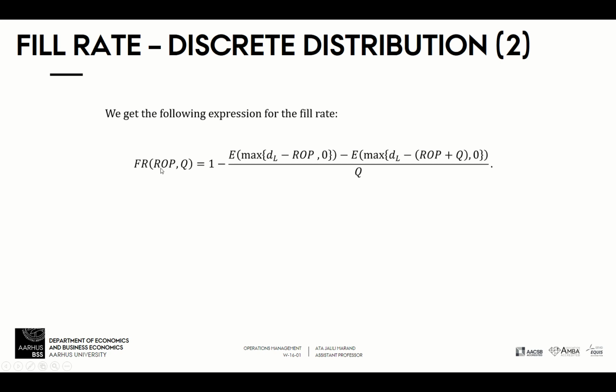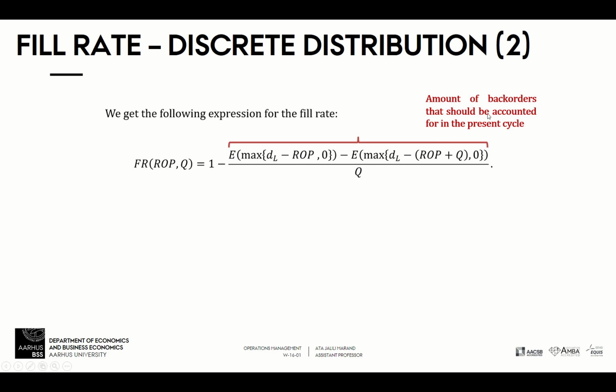Fill rate for a given ROP and Q, the realized fill rate, is equal to this expression. In the numerator we can see the amount of back orders that should be accounted for in the present cycle. In fact, we deduct the number of back orders that cannot be satisfied using the present inventory cycle from the total number of back orders to get the amount of back orders that should be accounted for in the present cycle.